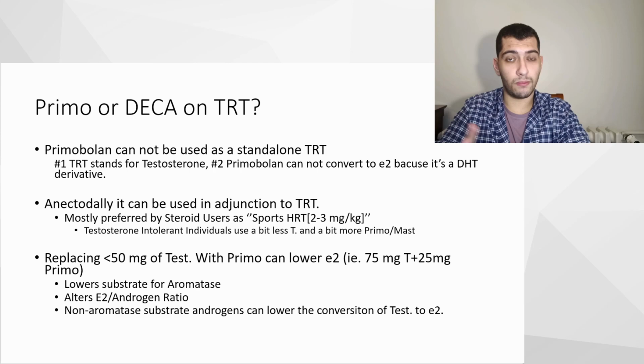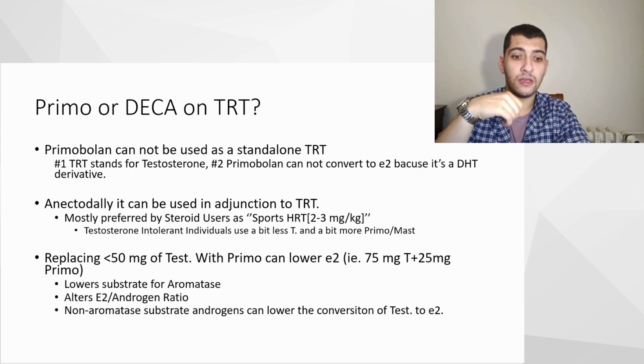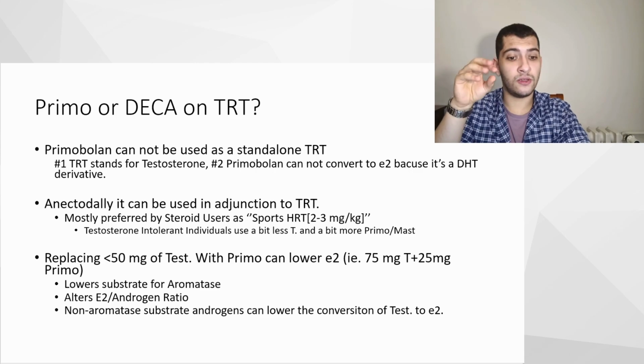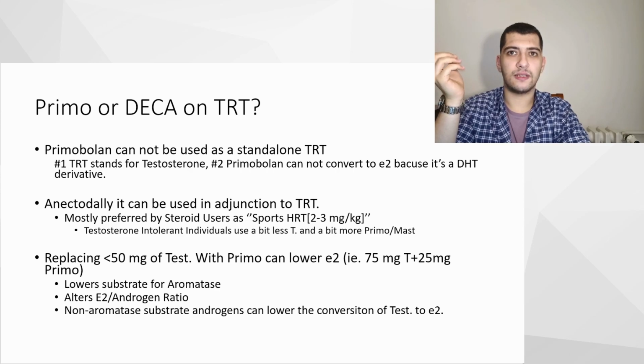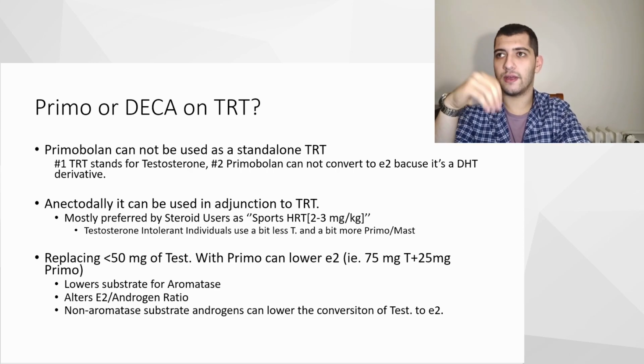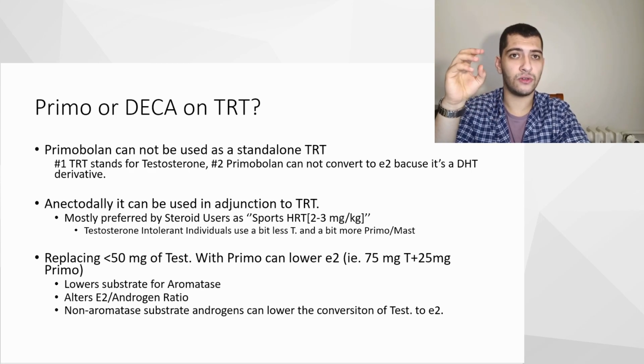And you might ask how that lowers the estradiol or estrogen, and the answer is one, it lowers the substrate for aromatase because you use less testosterone, and two, it alters the estrogen to androgen ratio, and three, a non-aromatase substrate androgen, for example primobolan, can still keep the aromatase enzyme sort of busy and makes the aromatization harder for the testosterone. And it lowers the conversion ratio of testosterone to E2.